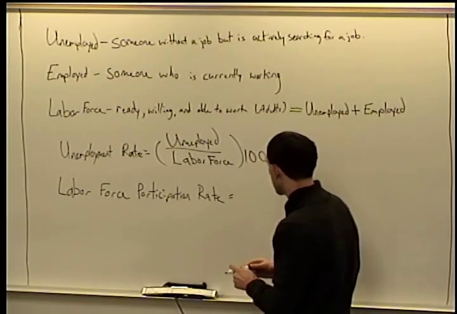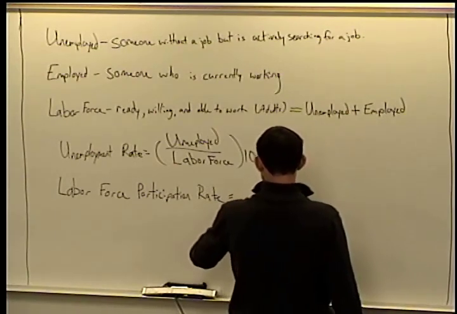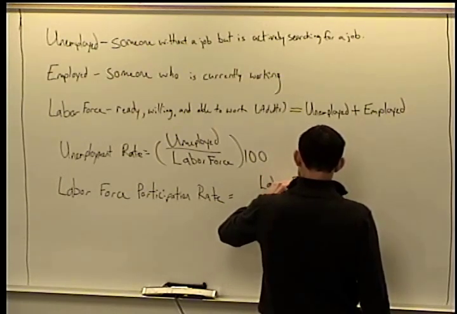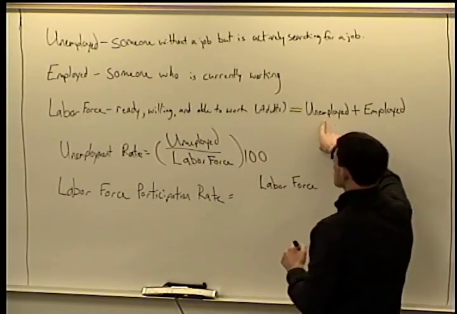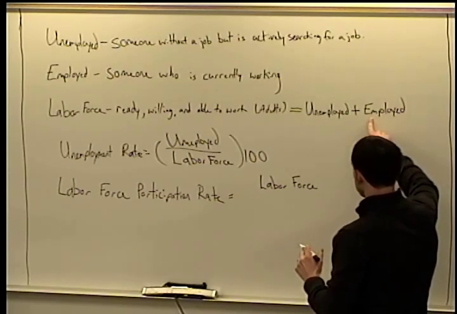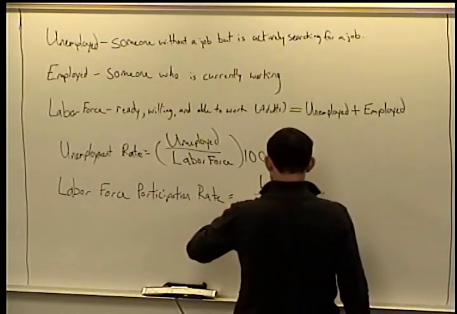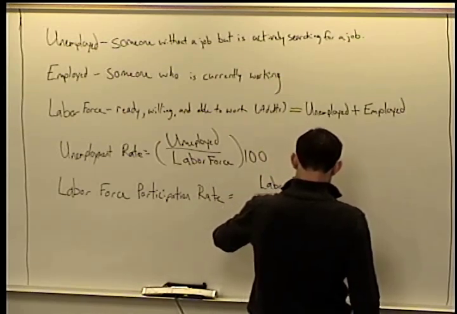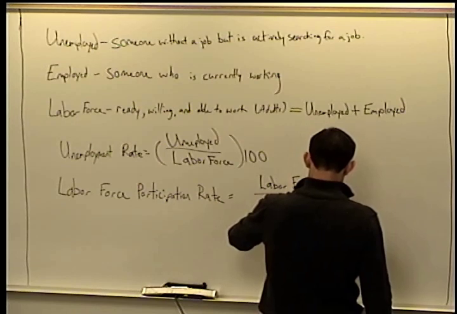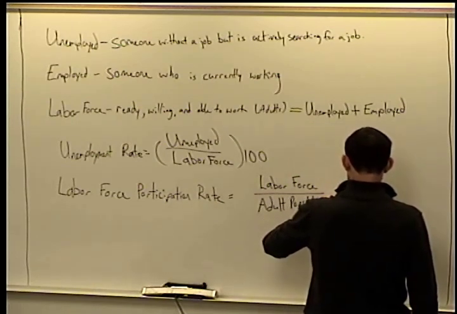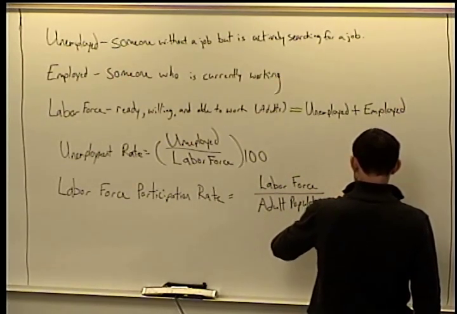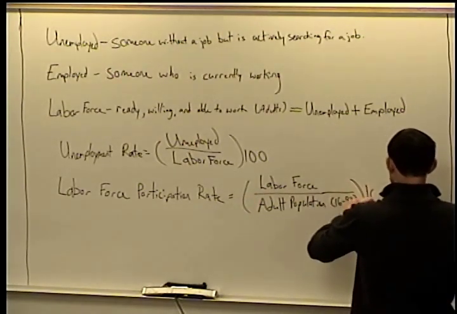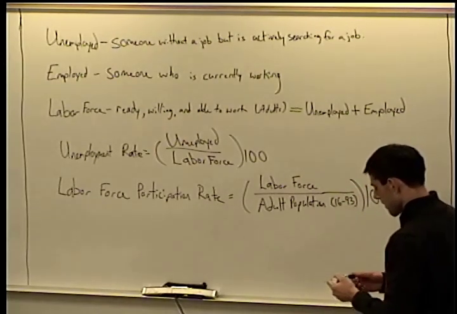So it's going to be equal to the labor force, or again, that's just people who are unemployed plus the people who are employed, divided by the adult population. I think the numbers they use is between 16 and 93 is considered the adult population in this case. And then we multiply by 100 to get it into a percentage.